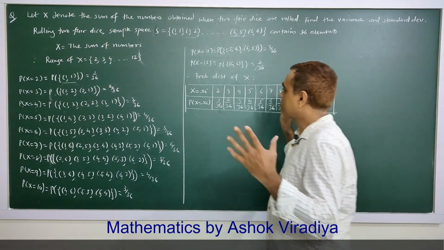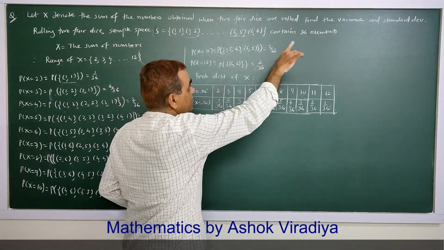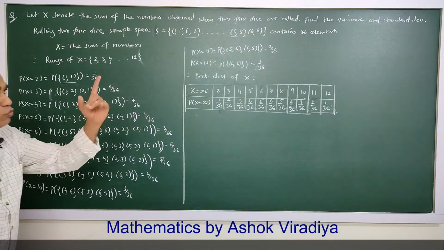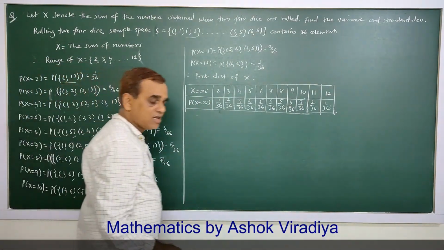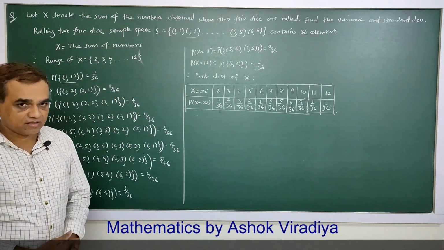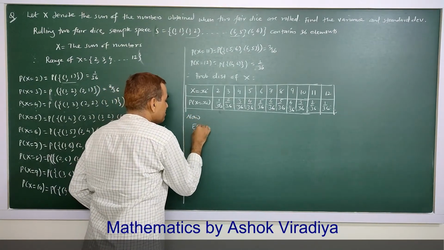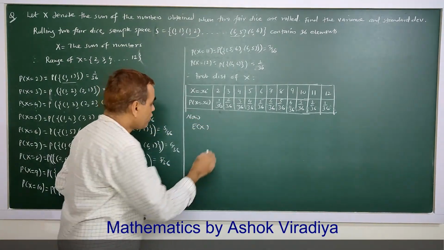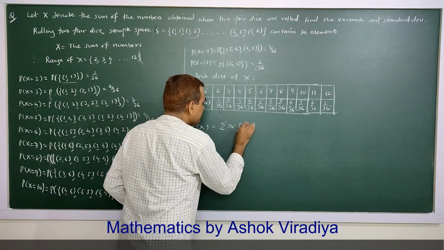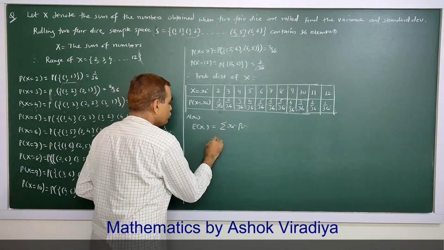So after getting the probability distribution, now we find the mean, variance and standard deviation. And to find the variance, we have to find E of x and E of x square. So now E of x means the mean. E of x is sigma xi into p of xi. So this is the mean.